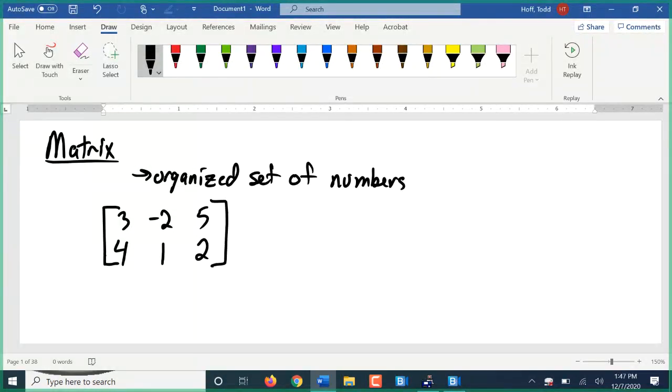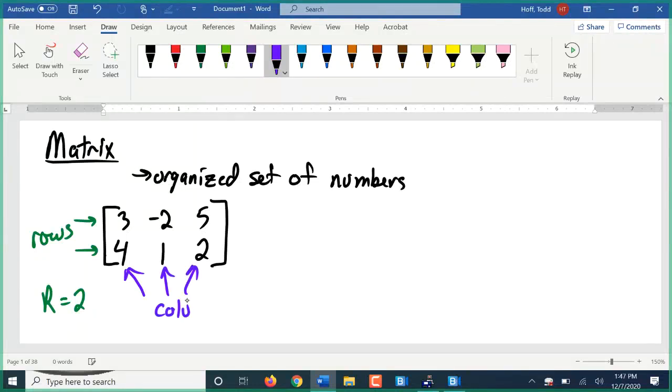First of all, a little bit about the matrix. These are the rows. This has 2 rows. We say that means R equals 2. And it has columns. Those are the columns. This has 3 columns, so we would say C equals 3.